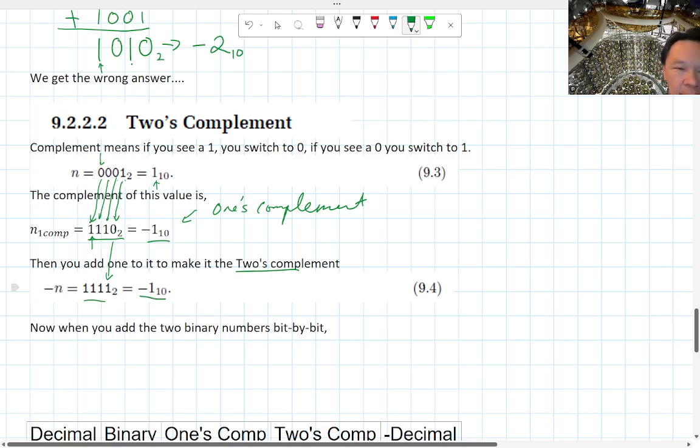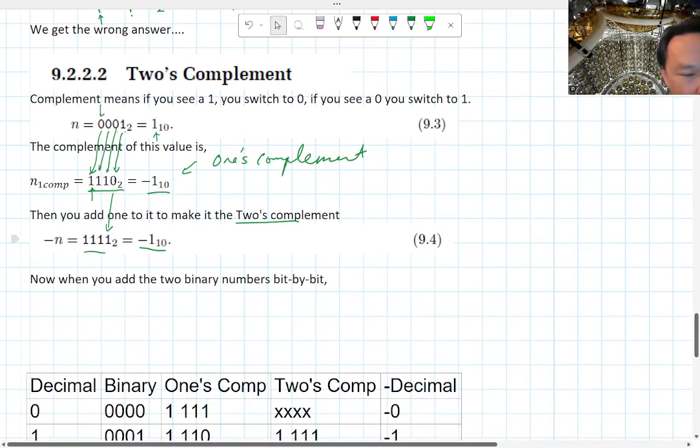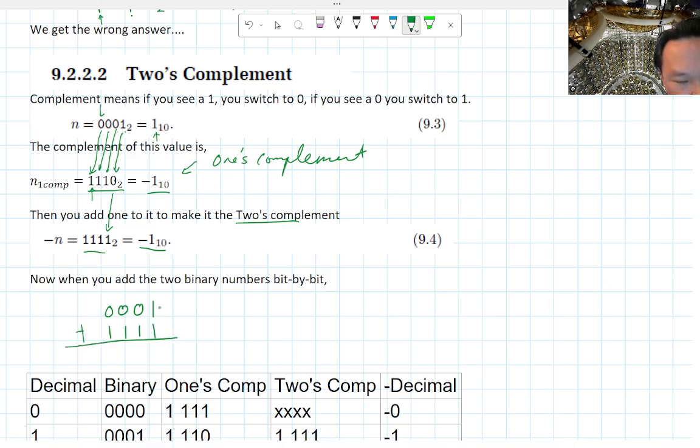Now let's see what happens when you add these numbers together. 0001 and then 1111. I'm going to add these numbers together. 1 plus 1 gives you a 0 with a 1 as a carry, and that repeats for each bit.